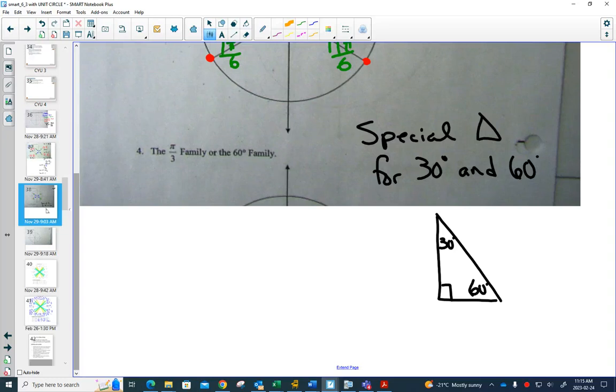Now we talked about the special triangle from the first one being the isosceles triangle. Other triangles that you've learned about are equilateral triangles, where all the angles are the same and all the sides are the same. We use that in our definition of the radian, right? To figure out that a radian was roughly 57.3 degrees, a little bit less than 60.